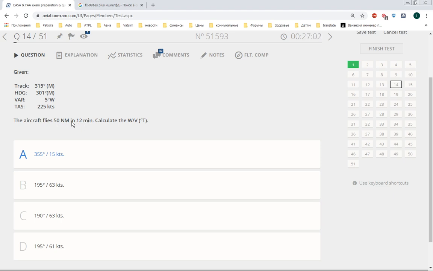So during 1 hour it will fly much more than 50 nautical miles.